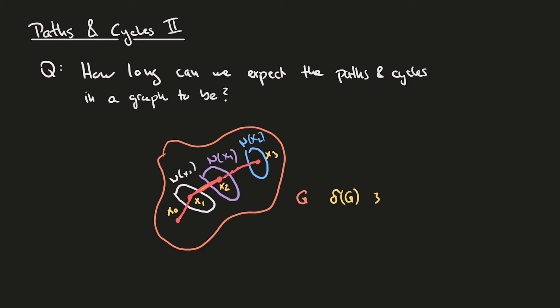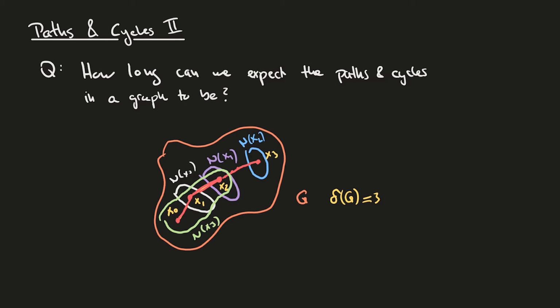At this point, if the minimum degree of G is 3, then we're not guaranteed to be able to continue, since the neighborhood of x3, we know it has to contain at least 3 vertices, but these 3 vertices could be precisely the first 3 vertices that we've used in our path. So the neighborhood of x3 could contain x0, x1, and x2.